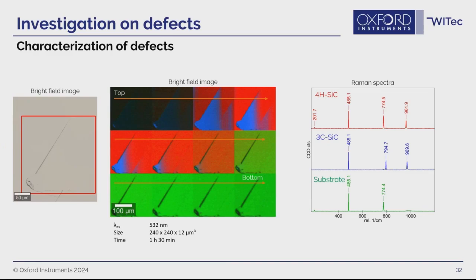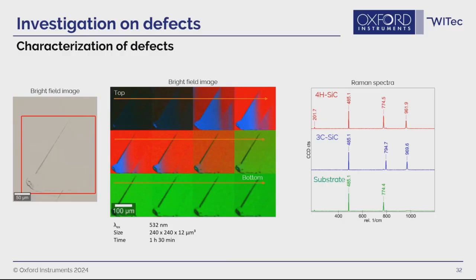And as you can see in the spectra, one can discriminate three phases: the 4H silicon carbide, which is marked in red, the 3C silicon carbide, which is marked in blue, and the substrate, which is marked in green. The substrate shows again the higher doping concentration and therefore can be distinguished from the 4H silicon carbide.